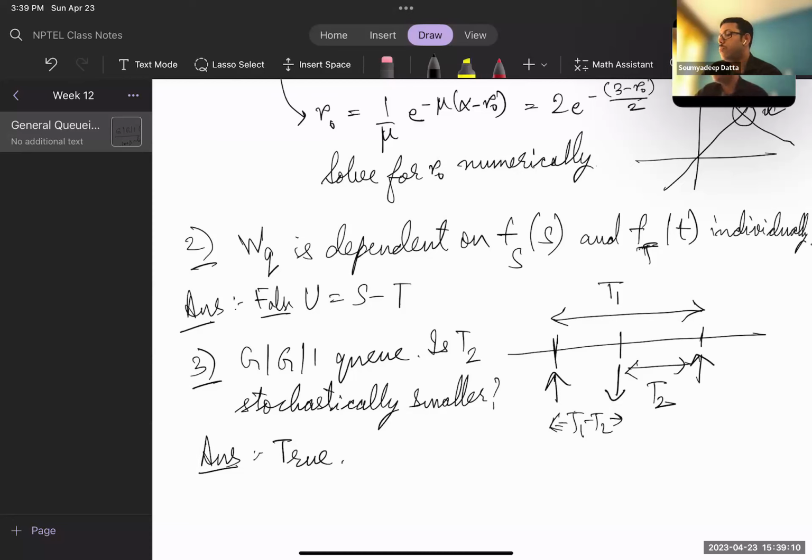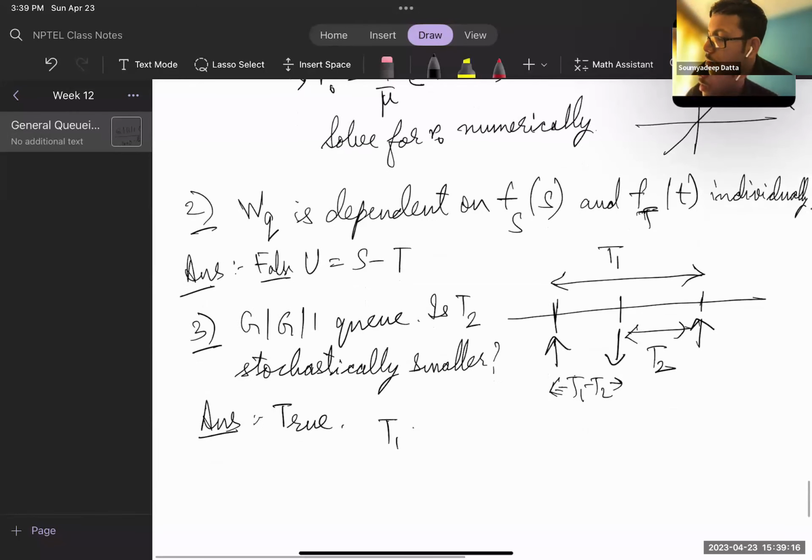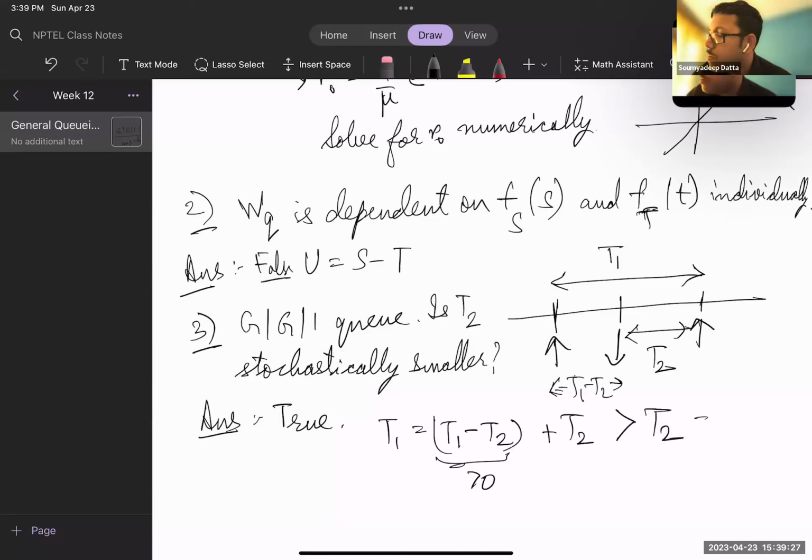And so, very crudely speaking, T1 is T1 minus T2 plus T2. If this quantity is guaranteed to be positive, this will be greater than T2. So T2 is stochastically smaller than T1.